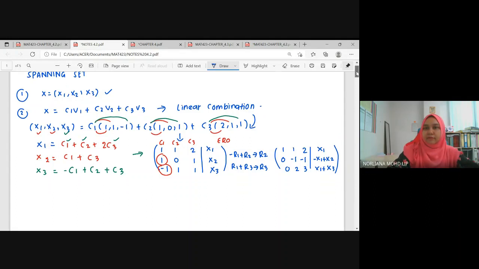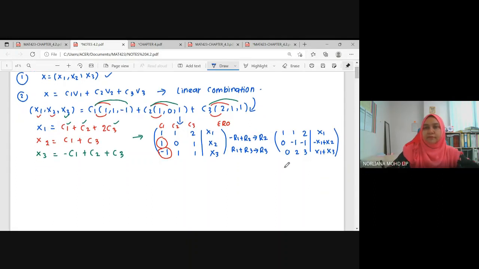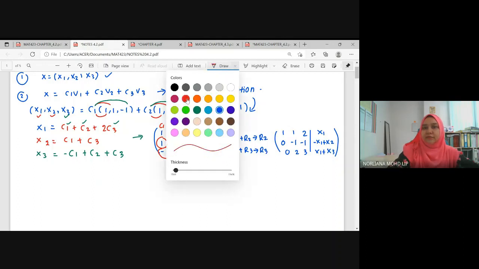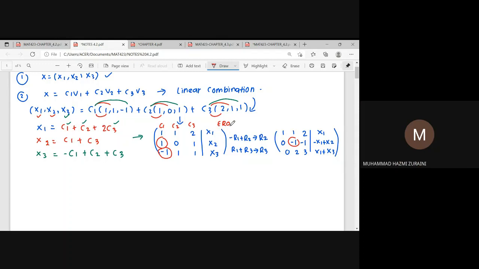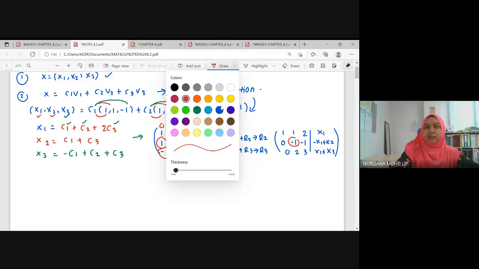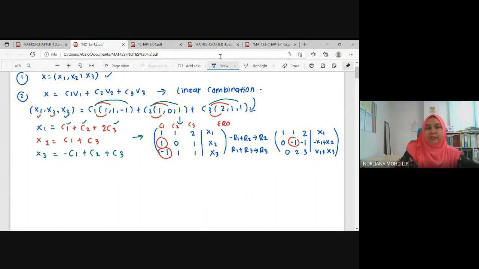Next operation. Perlu jadikan yang ni lah. The second row leading one kan. Okay, so we use operation negative R2. Sama sini. Negative R2. Boleh buat sama-sama. Yang lain pun bolehlah jawab.